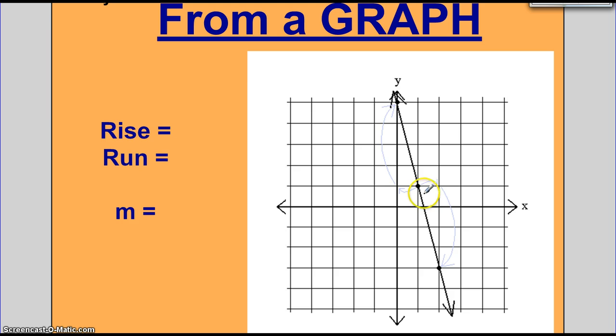From a graph, if I want to figure out this slope from this dot to this dot, my rise is my vertical change, so I count up 1, 2, 3, 4. My run is just 1, so my slope is 4 over 1, which is the same thing as 4. Okay, remember, any number over 1 is a whole number.